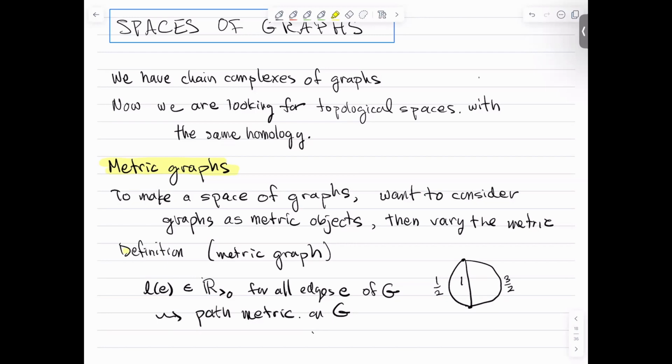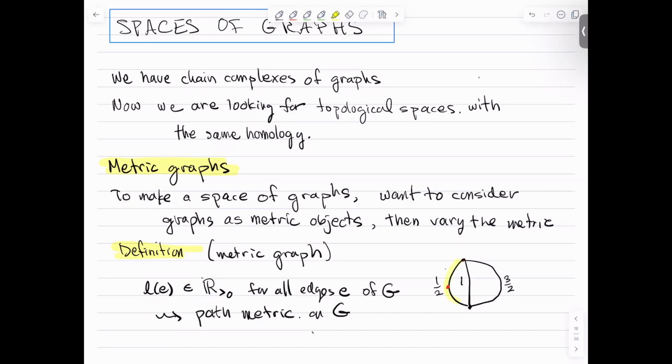So what is a metric graph? I take a graph, one of my invisible graphs, say, and I put a positive real number on every edge. I think of that as the length of the edge. And then I get a path metric on the graph. So I think of this as an interval of length 1, and this is an interval of length a half over here.